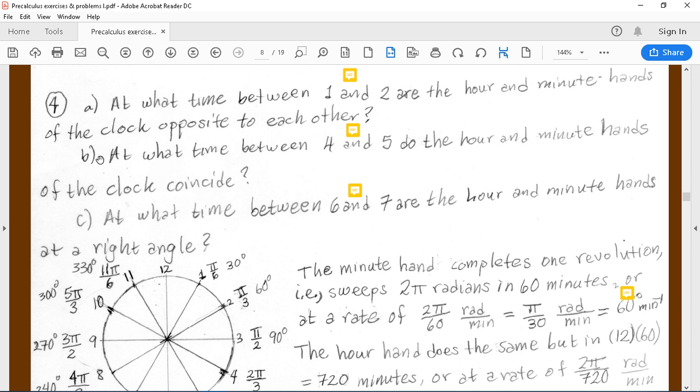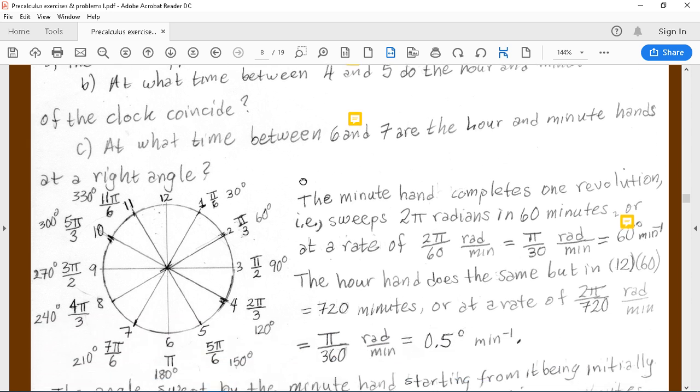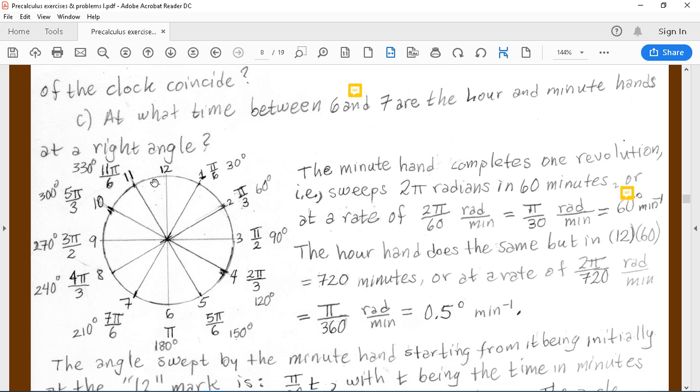Exercise 4b says, at what time between 4 o'clock and 5 o'clock do the hour and minute hands of the clock coincide or meet. And 4c reads, at what time between 6 o'clock and 7 o'clock are the hour and minute hands at a right angle. Okay, so here we have our clock.